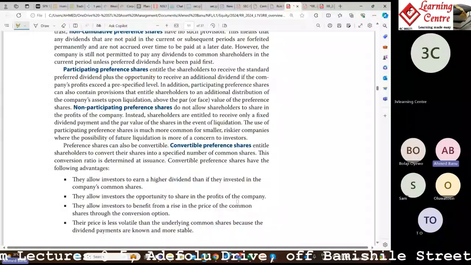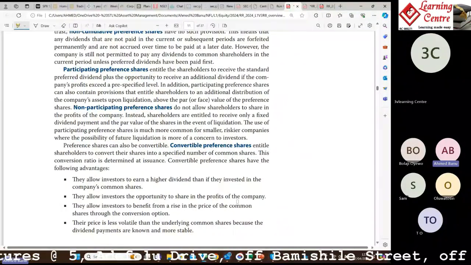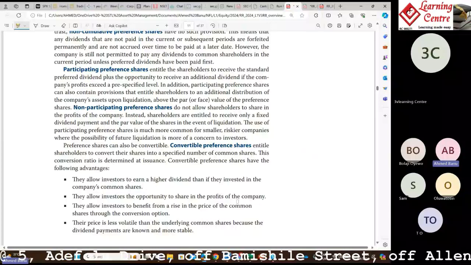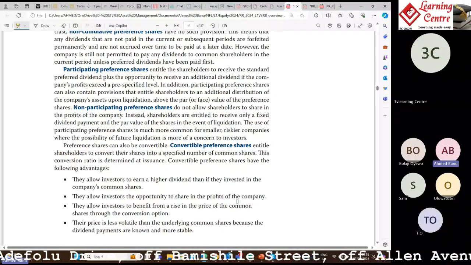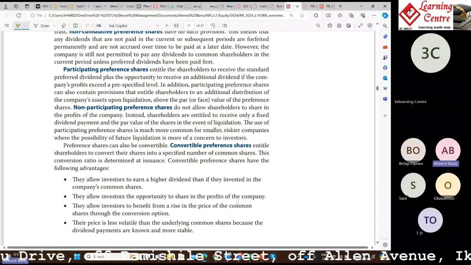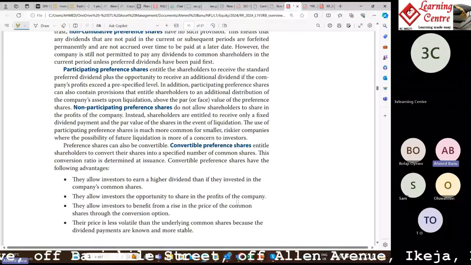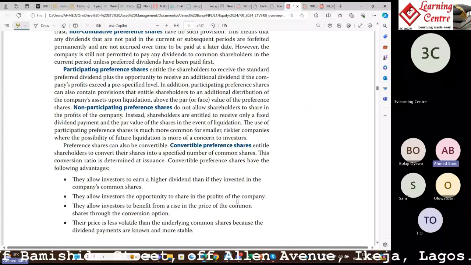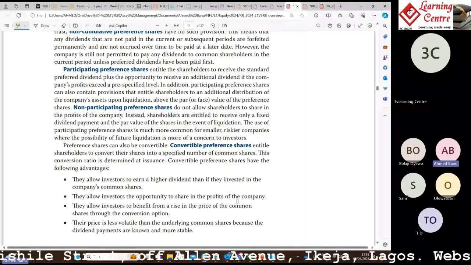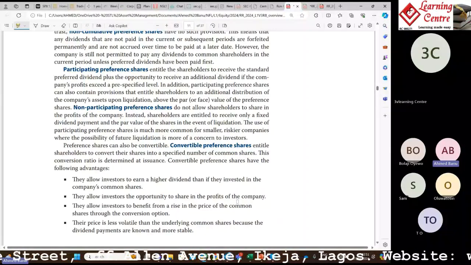So they allow investors to benefit from a rise in the price of the common shares through the conversion option. That is another point. For preferential shareholders, your shares' value does not rise. Like I said, they're like debts. It does not rise, only if the company decides to give you convertible preference shares.